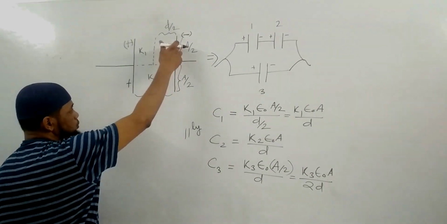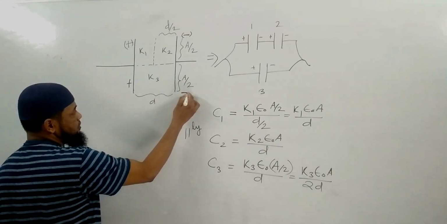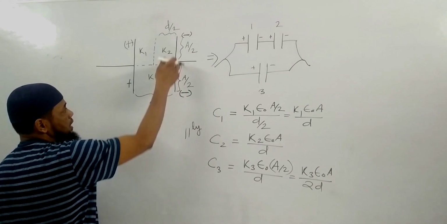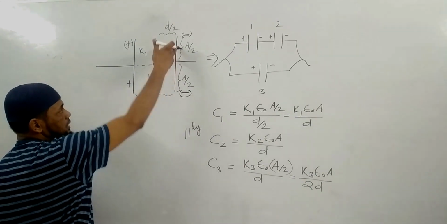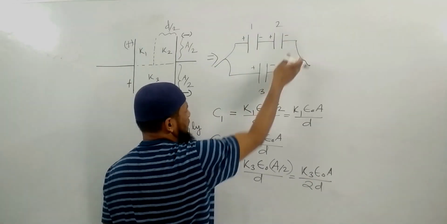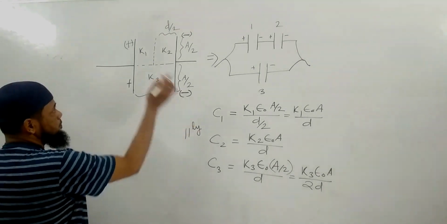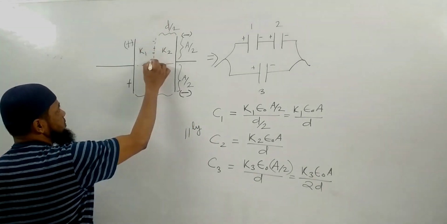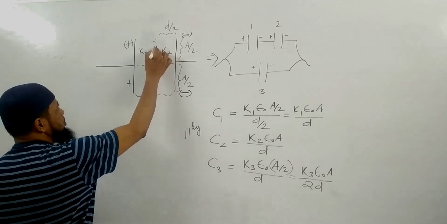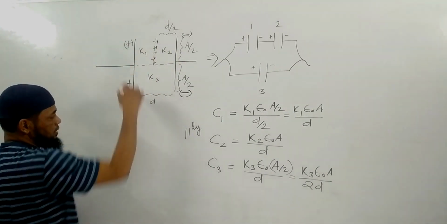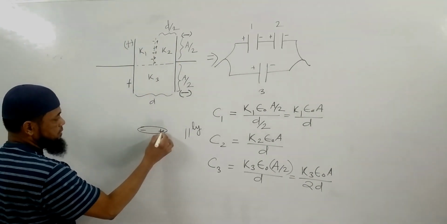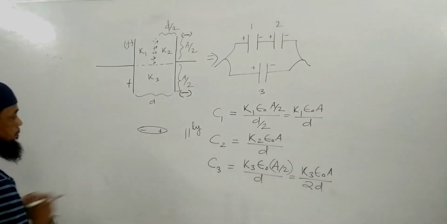Again, the negative of 2 and the negative of 3 are joined. Somewhere you can assume minus, and on the other side plus, because this is a dielectric with polar molecules, so inside there will be negative and positive. I have shown this already.